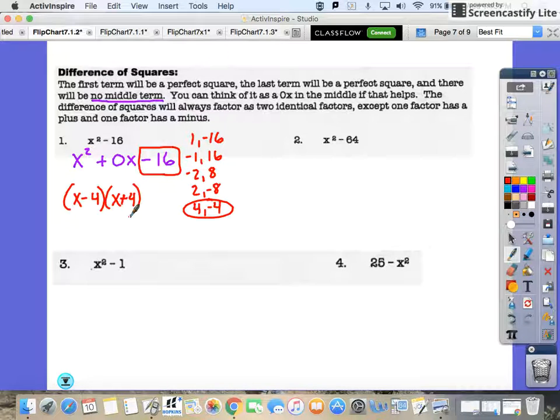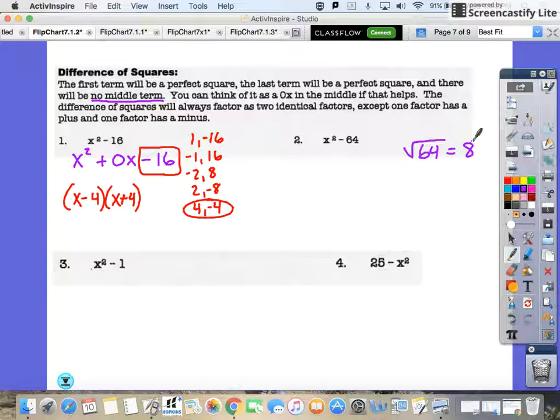But what this little chunk up here is saying is if you can recognize that you have a perfect square here and a perfect square there, and that there's a minus sign in between, you can just square root the number at the end, or square root both parts. So let's look at this one and use a quicker way. What's the square root of 64?